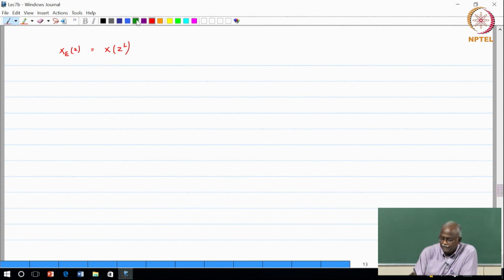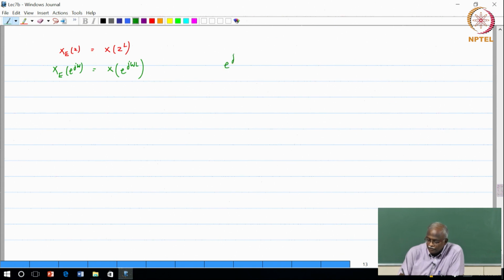If I were to write it in the Fourier transform, Xe of e power j omega is equal to X of e power j omega L. Now, very important question: e power j omega, is that a periodic function? Yes, it is periodic in omega, with period equal to 2 pi.